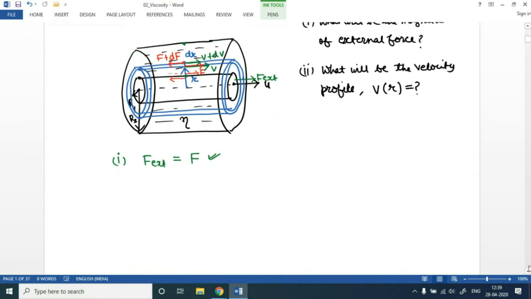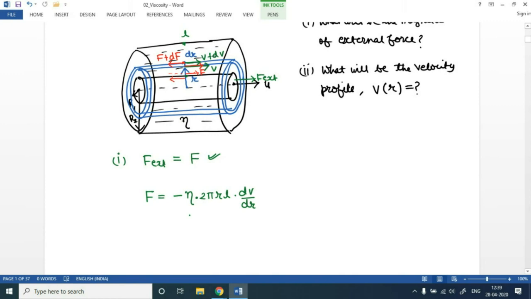As we know that this is viscous force, and the expression for F is given by minus eta into A into velocity gradient. So like the area which we are looking at here, let's say the length of this cylinder is L. So F is equal to eta, and the surface area of this cylinder, which we have taken as element, would be 2 pi r L, into dv by dr. Please notice we are looking at the magnitude of force.